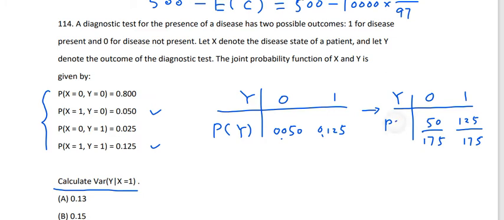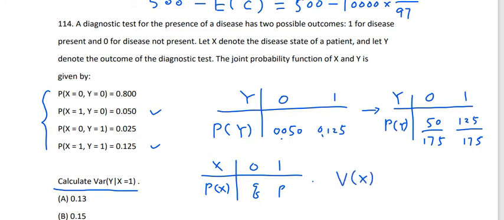So for this 0-1 distribution, the variance we know. Remember, 0-1 and PQ. The variance of a binomial or Bernoulli distribution is PQ.